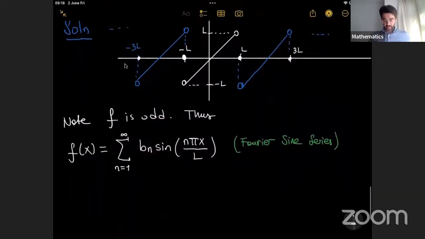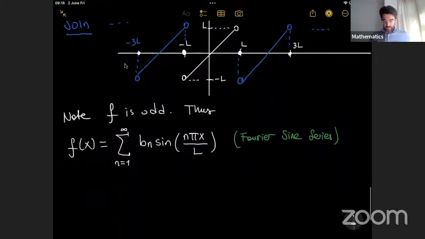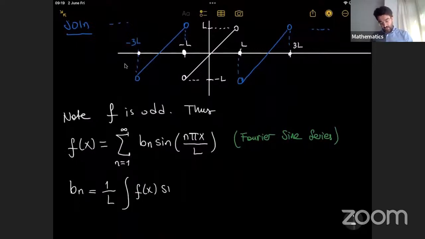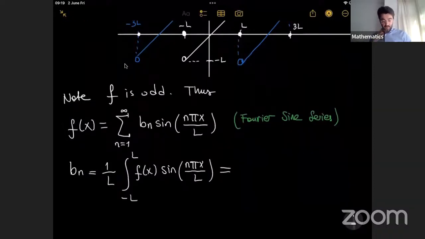Alright. Well, let's compute bn here. bn is 1 over L integral of f of x sine n pi x over L from minus L to L. Or you can write this as, since the whole thing is even, right?